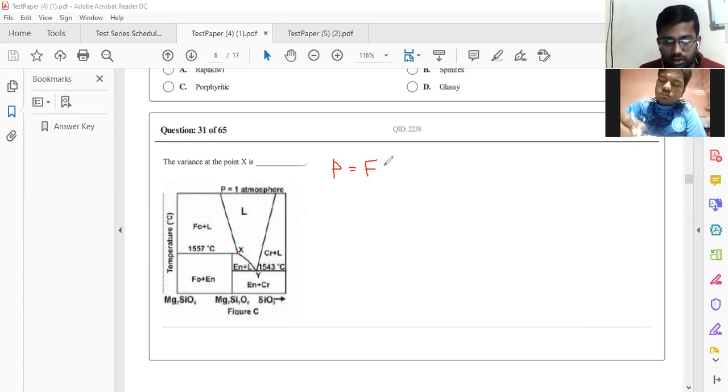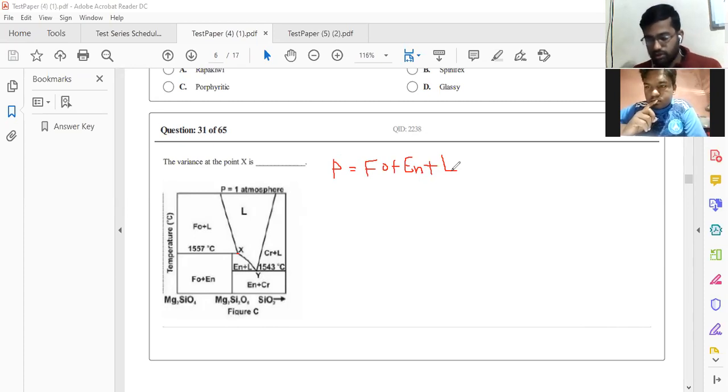You have 4 stay right. Okay. Then insta right. Okay. And liquid. Correct. So total 3 phases at point X.